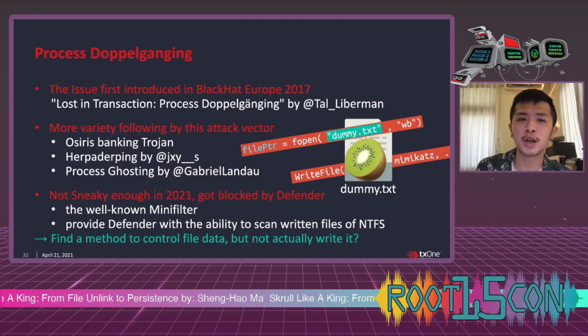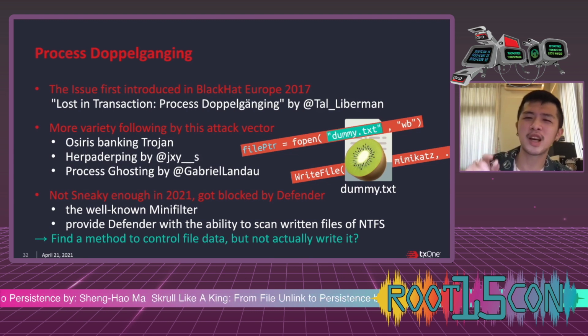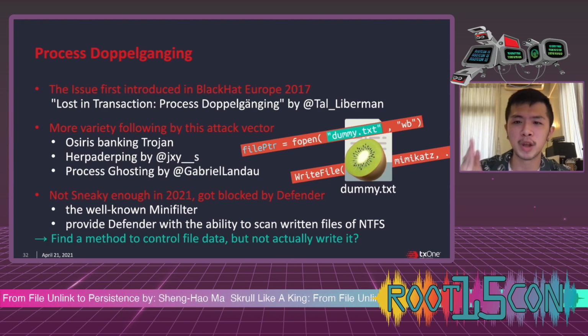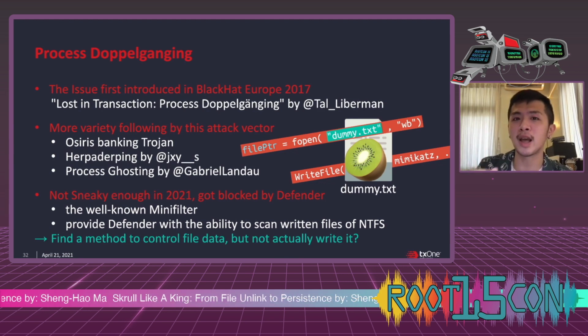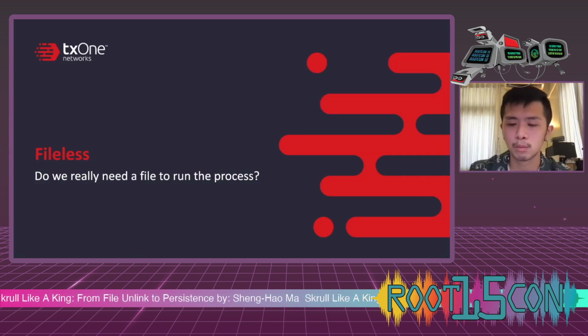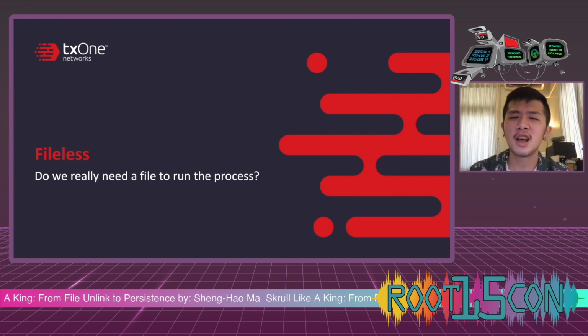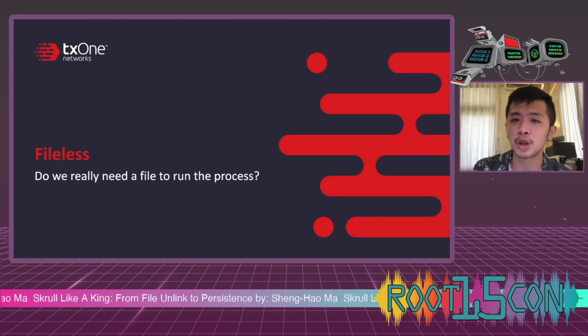So a new question comes up: can we control a file's data as malware, but without actually writing anything into this file? As we mentioned before, this is the issue of antivirus scan timing. Then we will talk about how to design a malware launcher that can easily evade antivirus scans and run any malware as a fileless process.